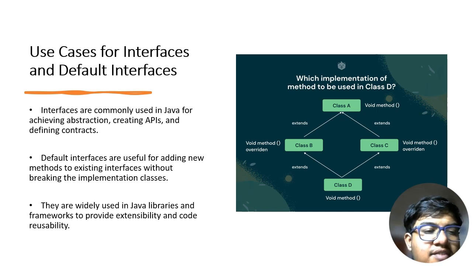They are widely used in Java libraries and frameworks to provide extensibility and code reusability. Here you can see the implementation method which is used in class D in the picture here. So let's move on.